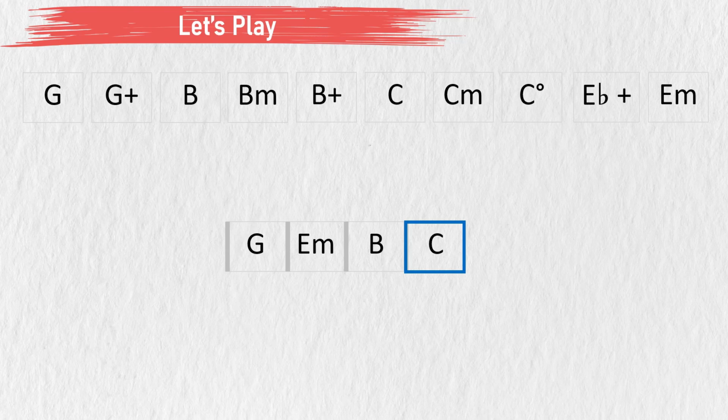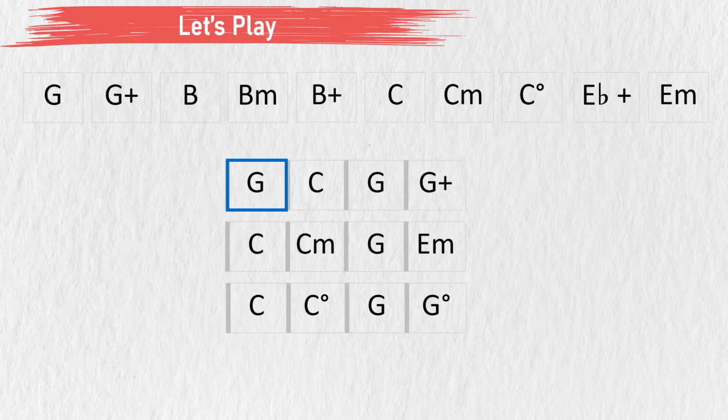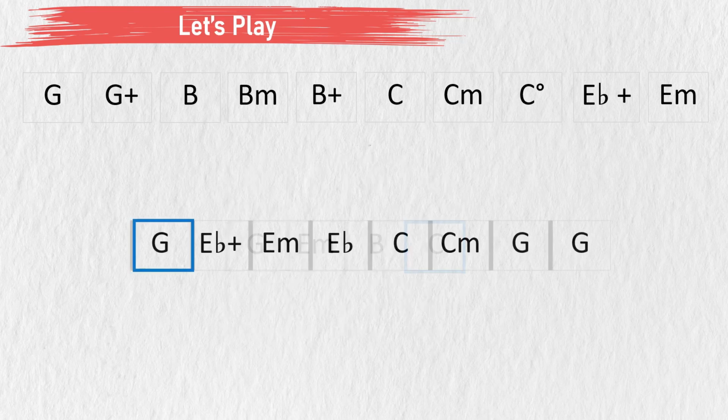Let me know in the comments. We can also improvise a blues, introducing this variation with the G augmented and C minor. Or we can do a more complex progression and movement.